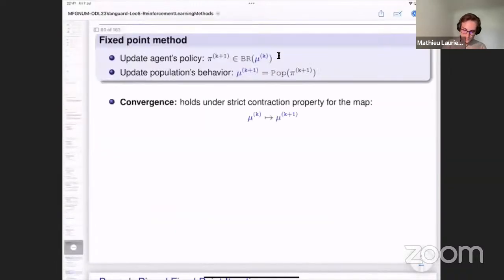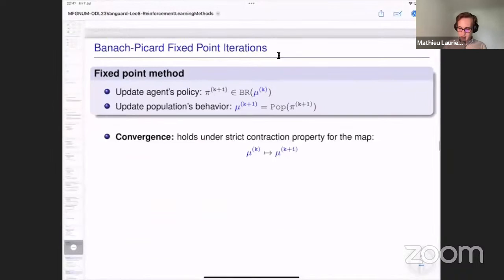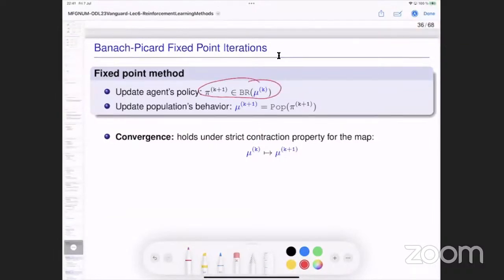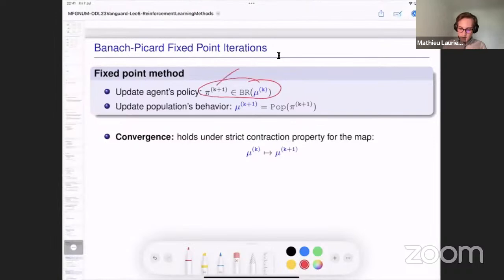Sorry, if I go here, for example, you see that there is an issue which is hidden. Very often we describe the method in these terms, but here I write pi k plus 1 belongs to BR. You can say you are going to use deep RL to compute this best response.